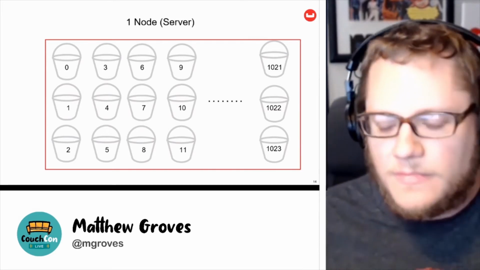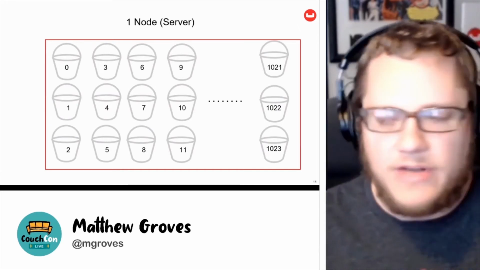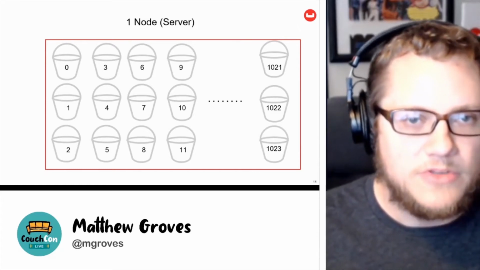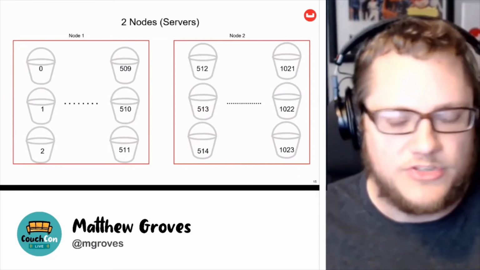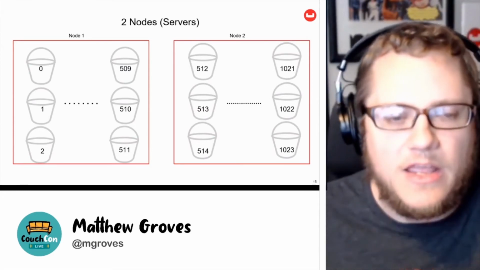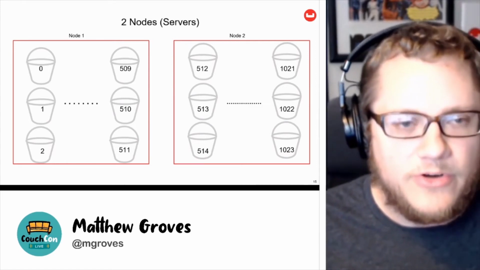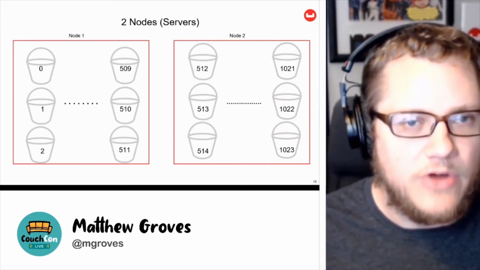But since this is a clustered database, a distributed database, I could add another server to the cluster. So what would happen then is I'd have now 2 nodes or 2 servers running in the cluster. And if I add that second server, then I can rebalance these buckets. I can say, okay, the first 512 are on node 1, and the second 512 are on node 2.